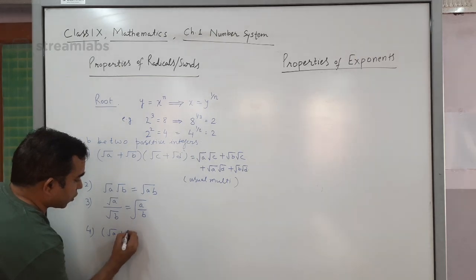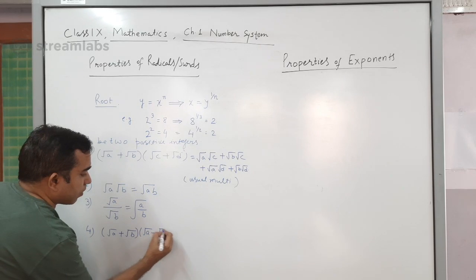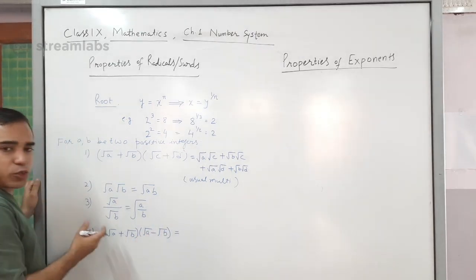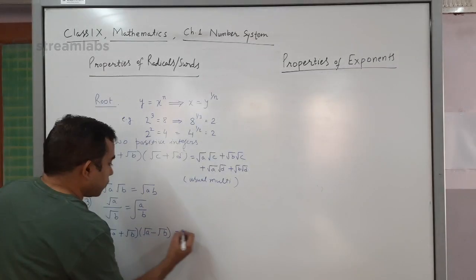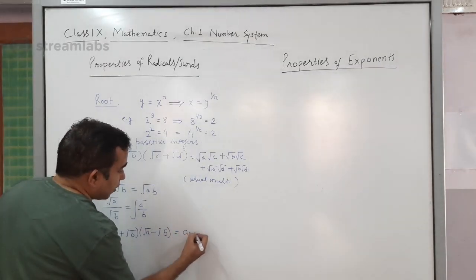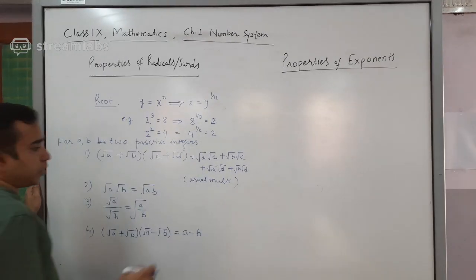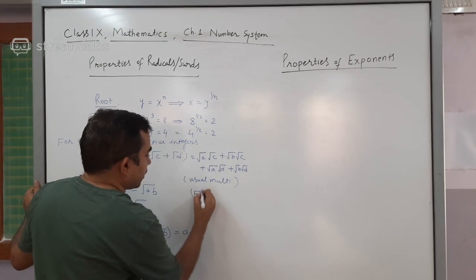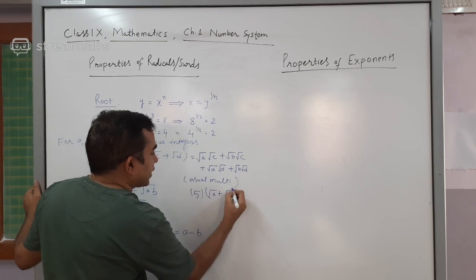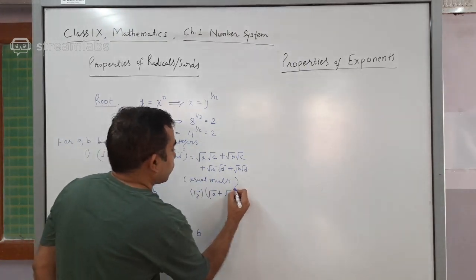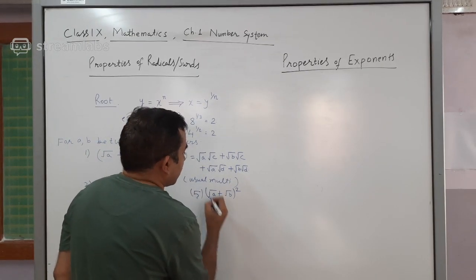Of course, your usual square difference theorem, root a plus root b multiplied with root a minus root b. You know, x plus y, x minus y is equal to x square minus y square. So by using that, it will be root a whole square means a, minus root b whole square means b. One more property was written in the textbook. Of course, it is very obvious that if you want to multiply root a plus root b with itself, in other words, if I want to find its whole square, just apply the a plus b whole square formula.